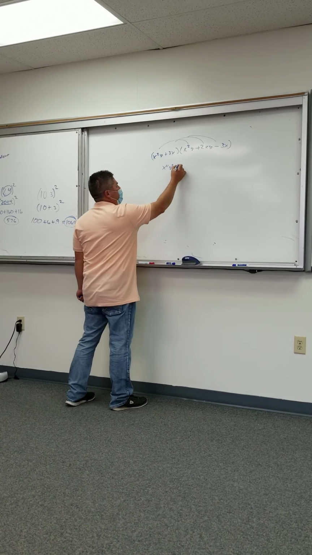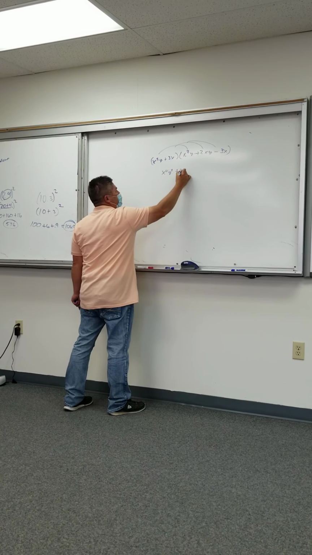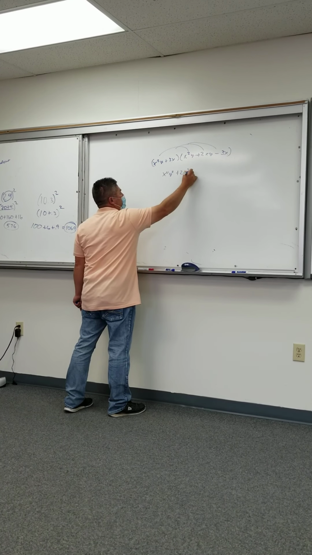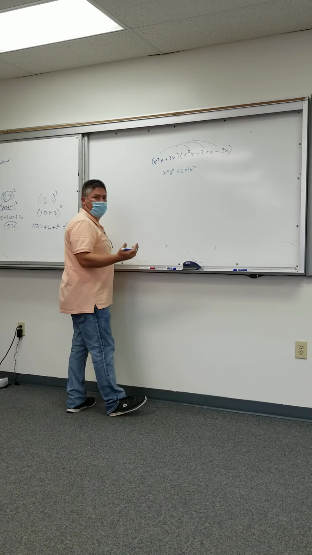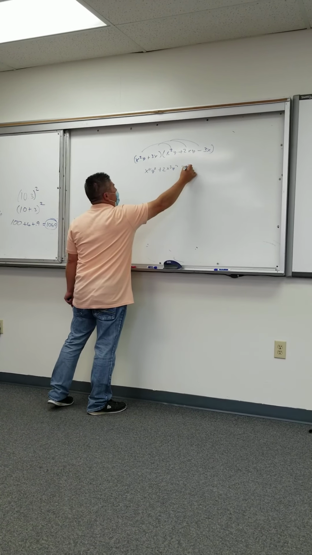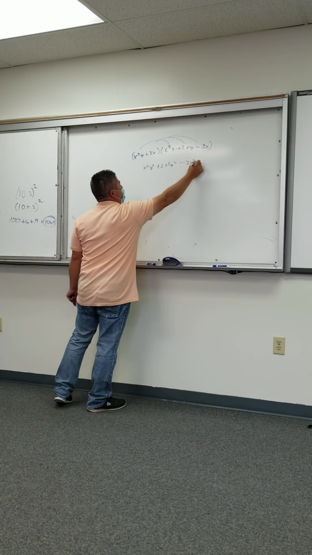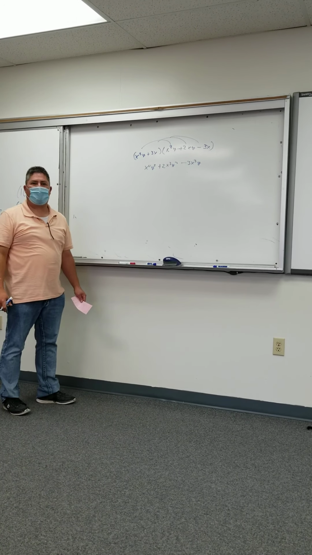Added them. Very good. Next. Plus 2x to the third and y to the second. What did you do with the coefficients? Multiplied. Added the exponents. Next one. Subtract 3x to the third y. Okay. Are any of those like terms? Nope. That's why I didn't line them up with anything, right?